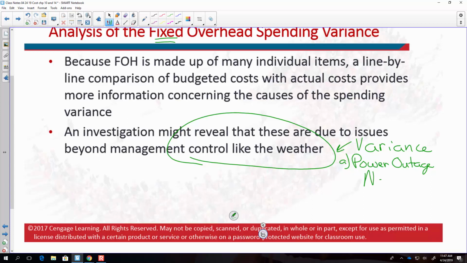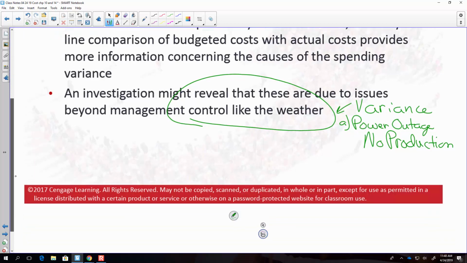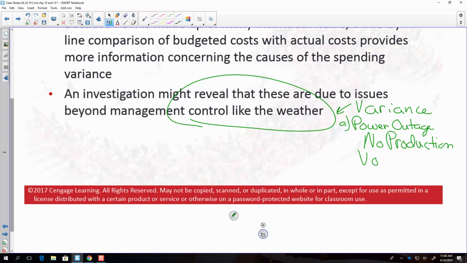So what variance has to do with production levels? The efficiency. Not the efficiency, the volume. Yep.